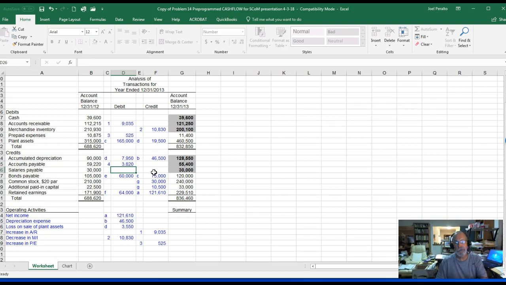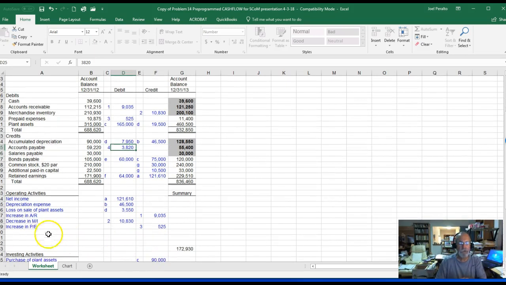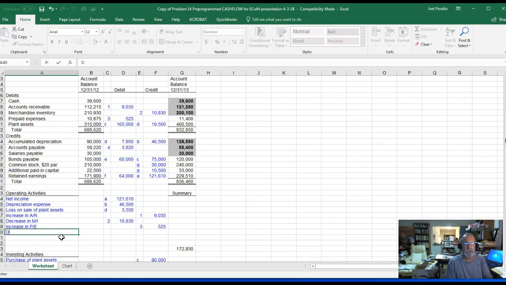And so if a liability decreases from beginning of year to end of year, normally the decrease would be due to a payment of cash toward that liability. So that payment is reflected as a debit to the liability account and a credit in the operating activities section of the cash flow statement, and that is a decrease in accounts payable. And that was 3,820. Okay.